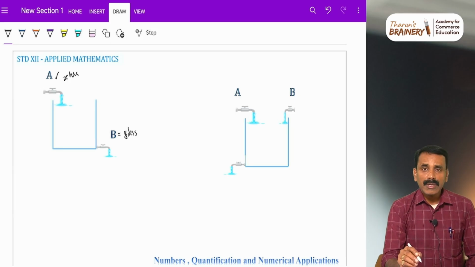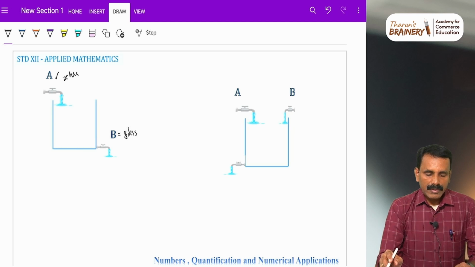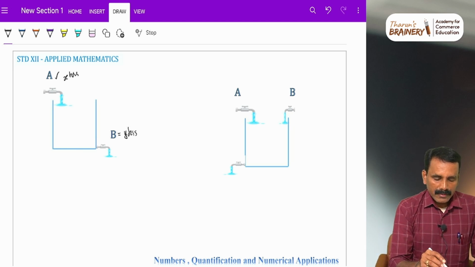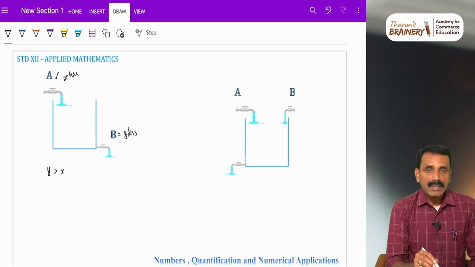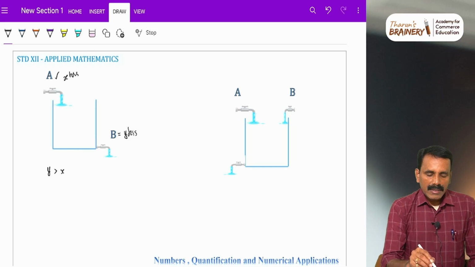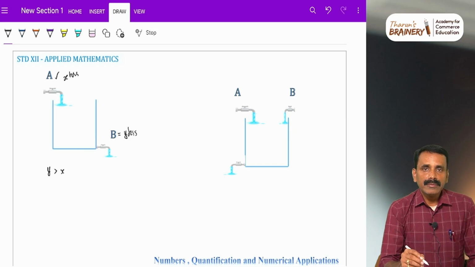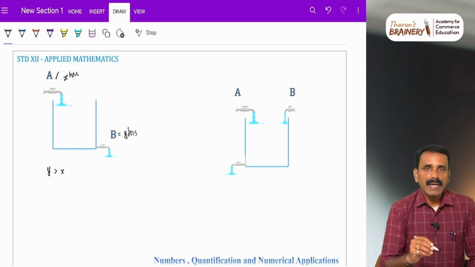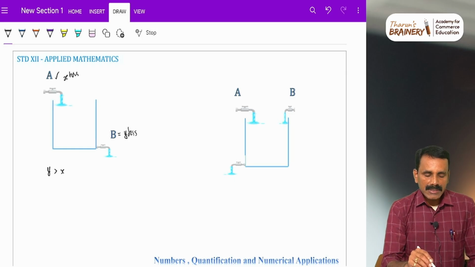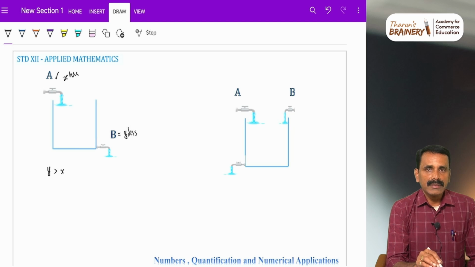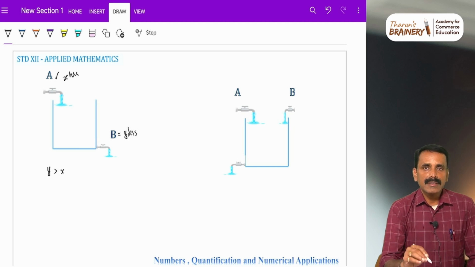If Y is greater than X, the meaning is that pipe B takes more time to empty the tank than the time taken by pipe A to fill the tank. So, in such a case, the tank will be full after some time.